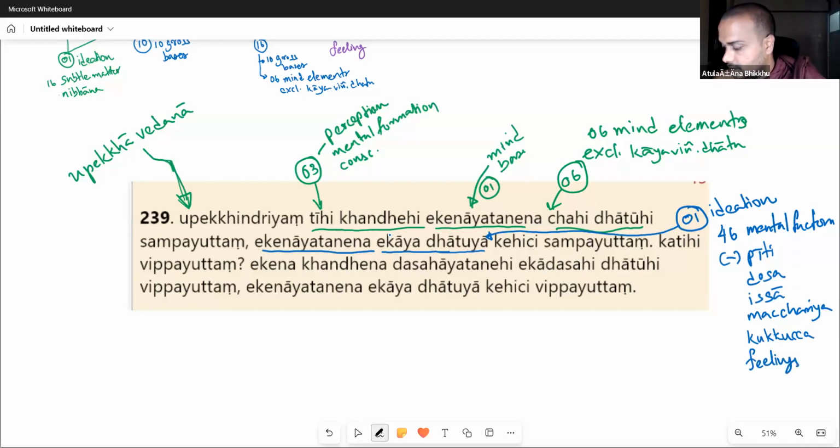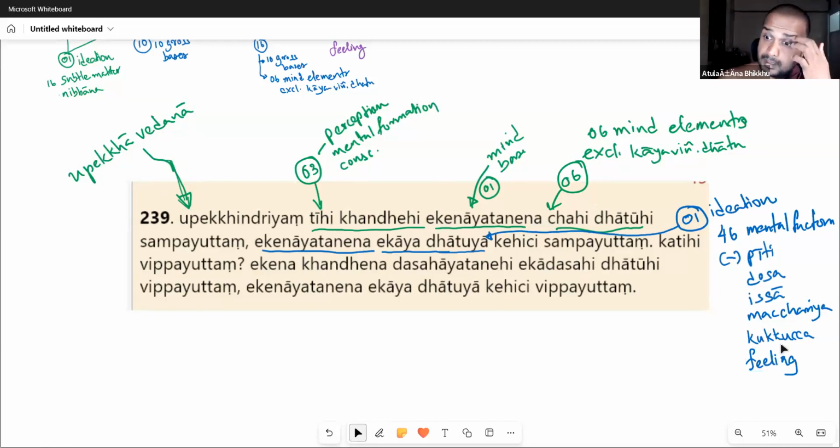The reason is that the state of inquiry itself is the feeling mental factor, so we cannot say the feeling is associated with feeling.